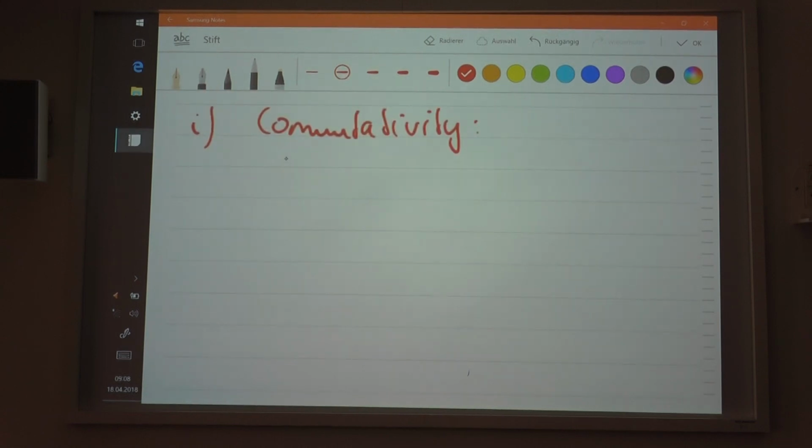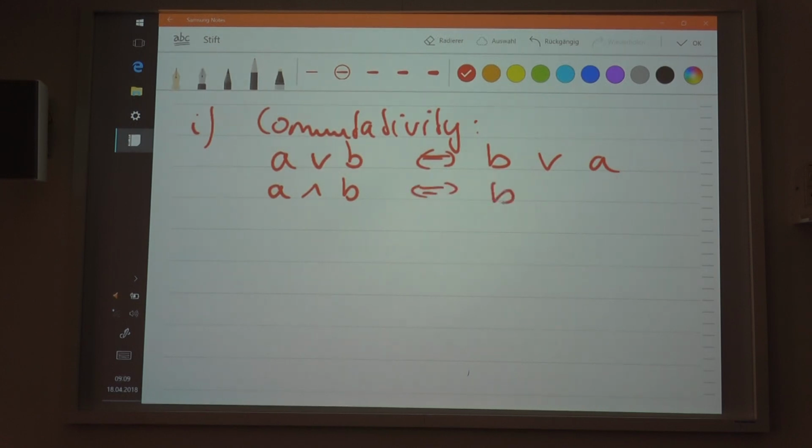It means that if, for instance, you have the statement A or B, and suppose that this is true, then it's going to be equivalent that B or A is also true, and vice versa. You can say that A or B is true if and only if B or A is also true. That should be clear. And the same thing holds for the conjunction.